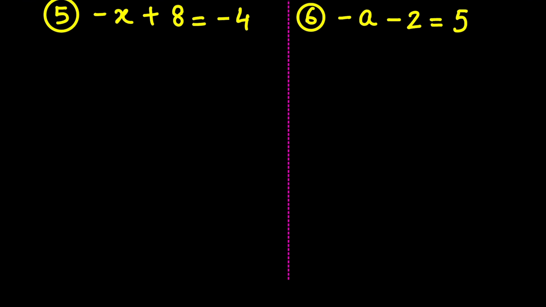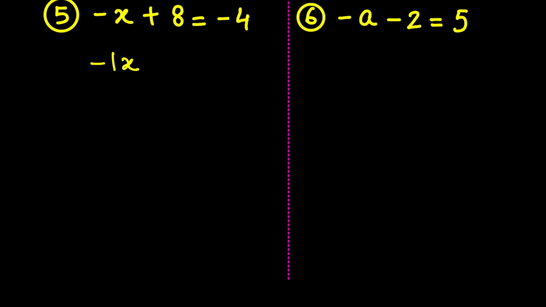Example 5. In this also you can see the variable is x, but the coefficient we are not able to see. Whenever it has just a minus sign, we rewrite the equation once again as minus 1x, because sometimes you may get confused.